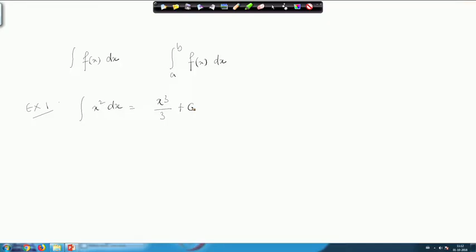So it always goes in the direction of finding the derivative of the right hand side. If we differentiate x cubed by 3 plus c, this will be x squared, because the derivative of the constant is 0 and the derivative of the first term is x squared. So it always goes in a way that how can we find the derivative of this function x squared.